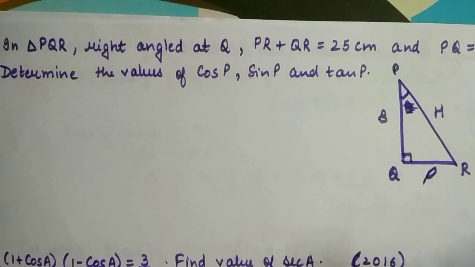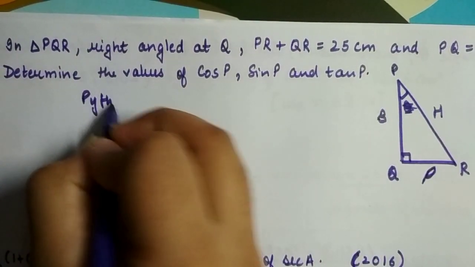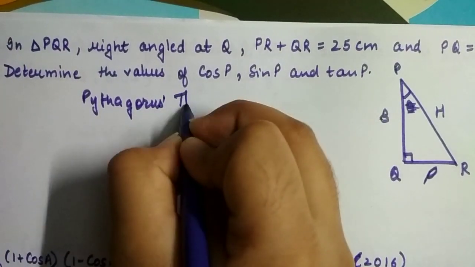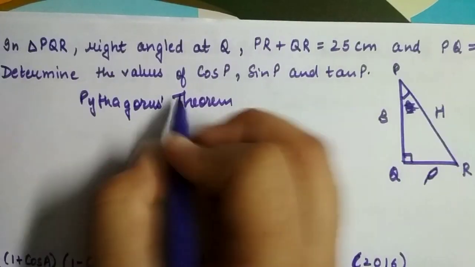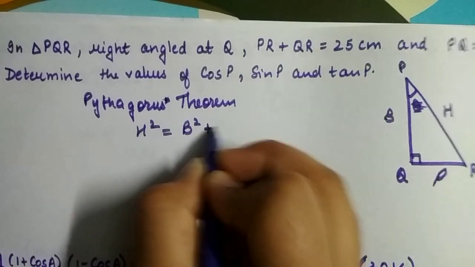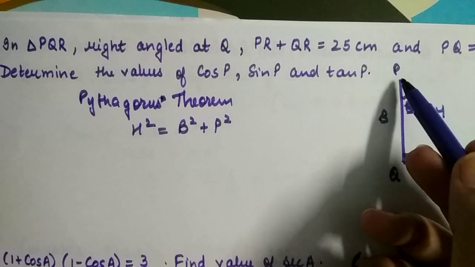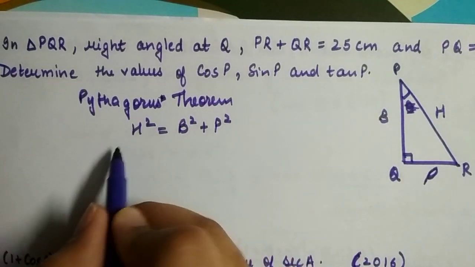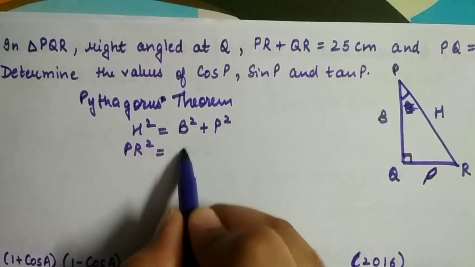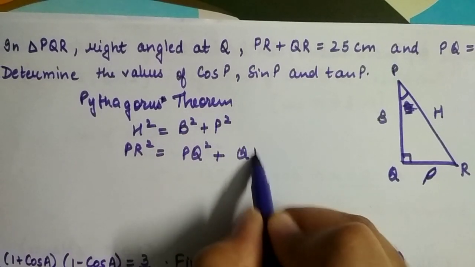Now according to Pythagoras theorem, hypotenuse square is equal to base square plus perpendicular square. Now here put the values. Hypotenuse is PR square, base is PQ and perpendicular is QR.